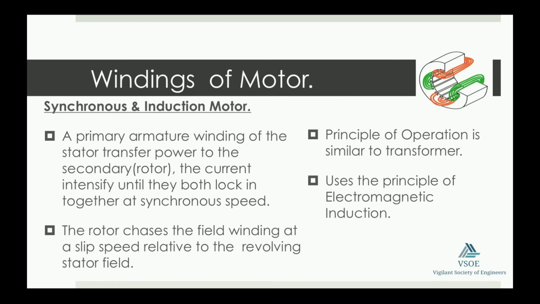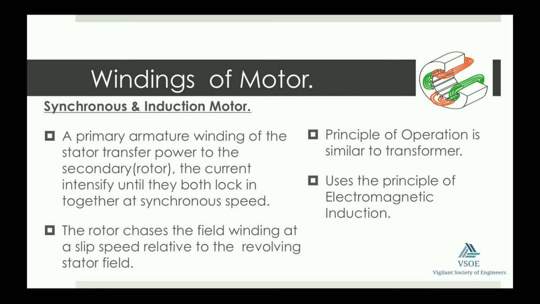Alright, so the rotor chases the field winding at a slip speed relative to the revolving stator field. So the rotor tries to catch up with the stator. The stator is revolving at synchronous speed. Basically, this revolution of the stator is actually the revolution of the field.